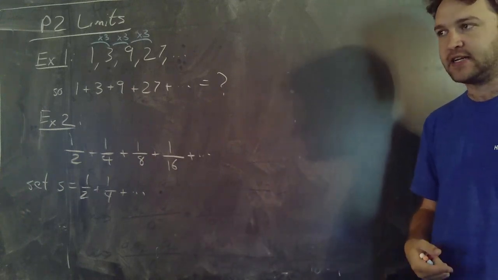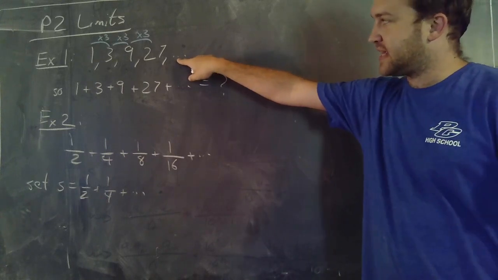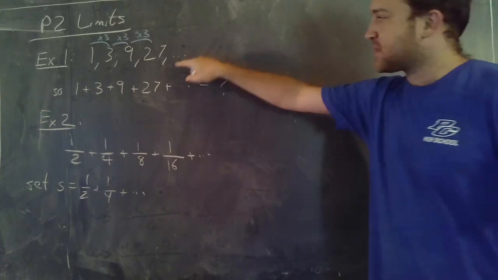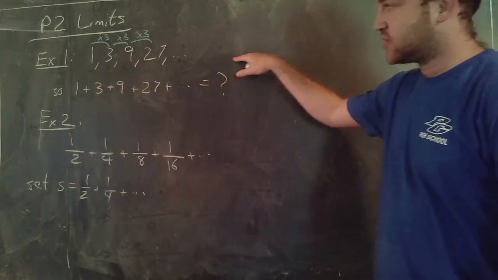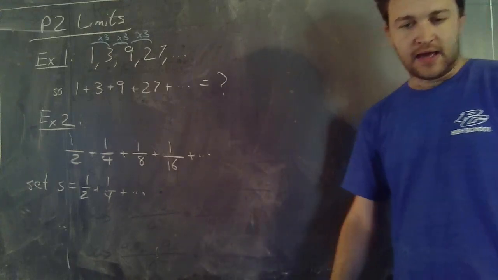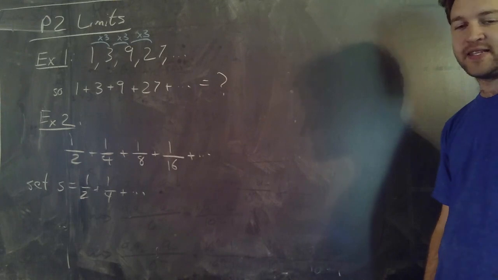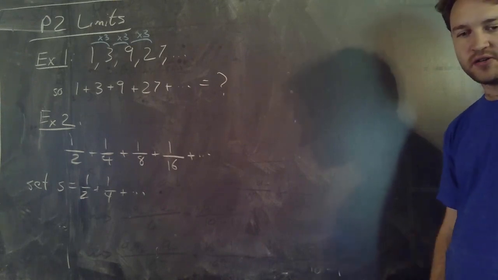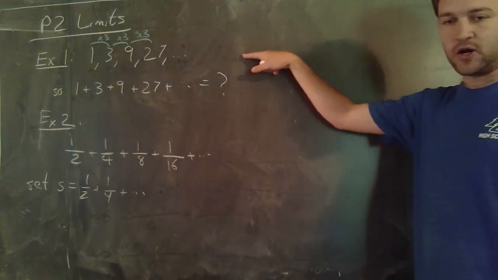Now we have finite series and we have infinite series, and you notice that when the sequence like this has an ellipsis on the end, then of course if we were to do a series with this particular sequence, we're adding together an infinite number of terms. And there's this nice little trick where if the sequence tends to diverge, then the series will also tend to diverge, because if you notice I keep getting progressively bigger and bigger numbers.